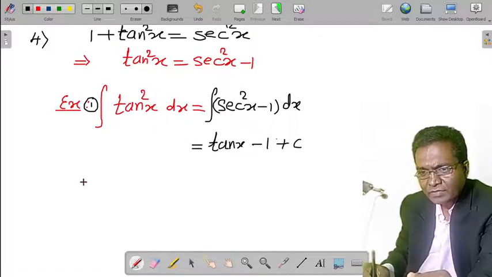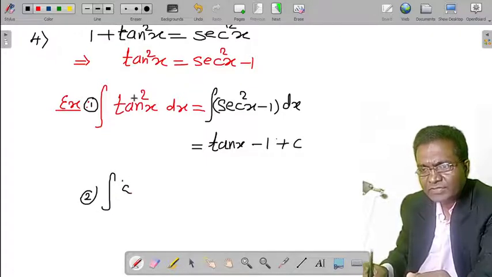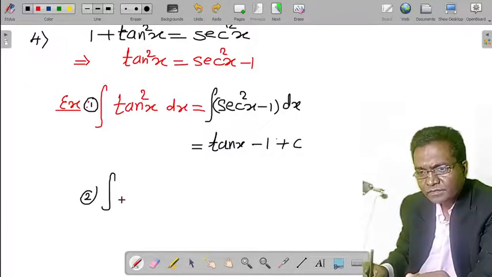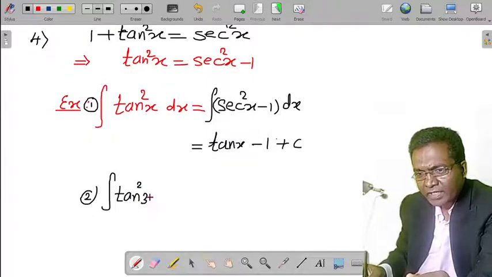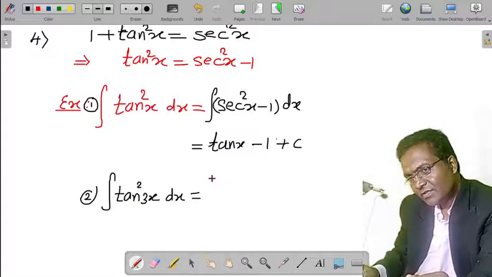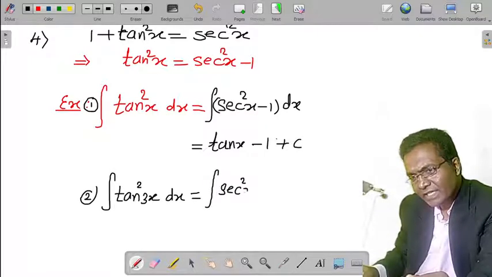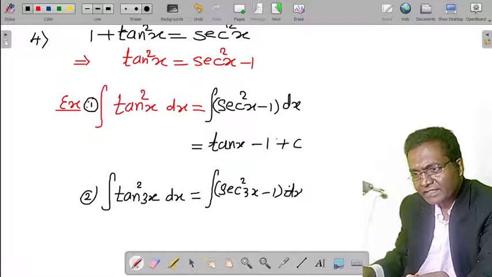Similarly, suppose you get a situation like this, tan square 3x dx. So you have to write it as secant square 3x minus 1 into dx.